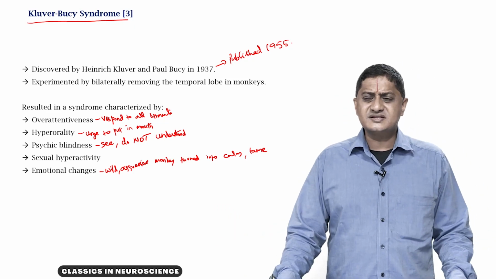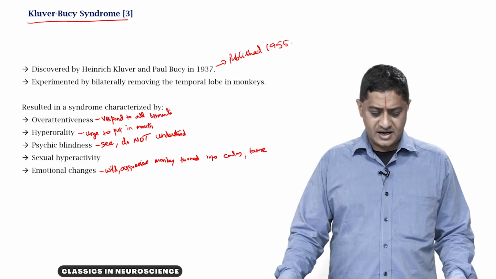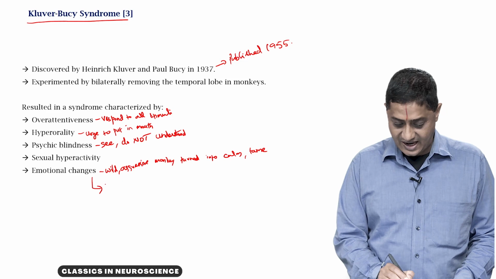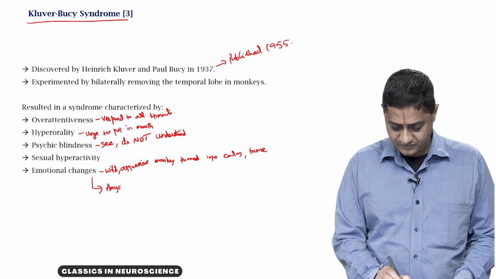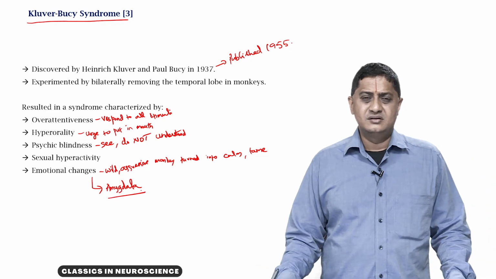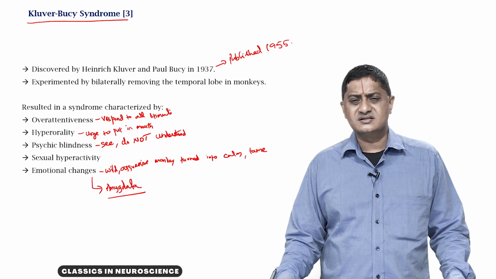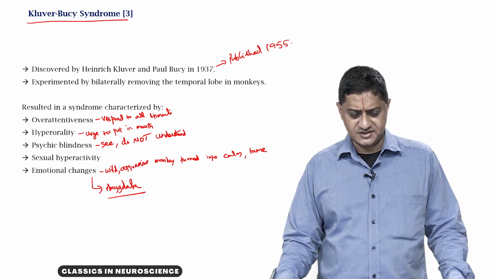Finally, the changes in the emotional behavior were attributed to the amygdala. So, the complex features of all these symptoms put together came to be called the Kluver-Bucy syndrome.